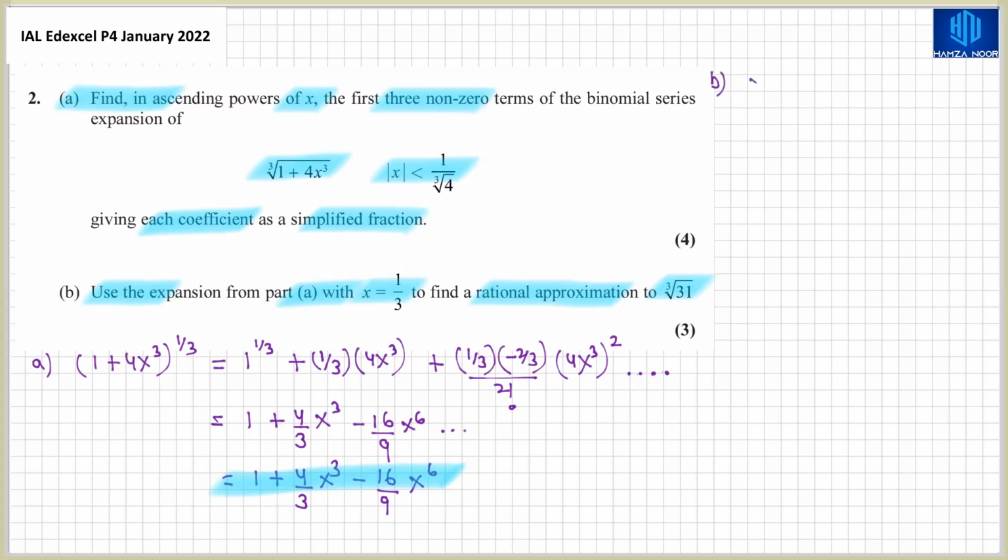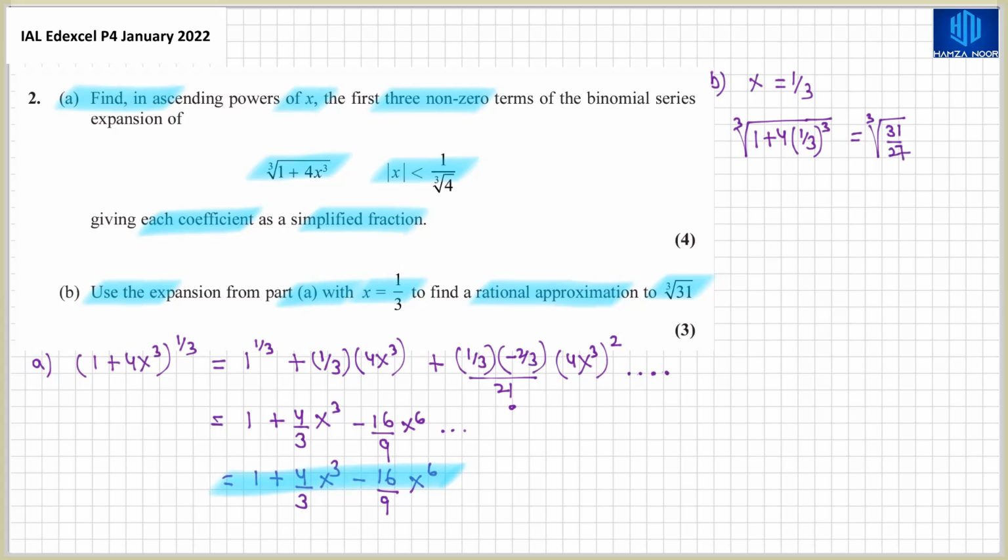So here we need to substitute x equals 1 over 3 into the cube root of (1 plus 4x cubed). In place of x, I'm going to write 1 over 3. First of all, let's see what exact fraction we get over here. So we get the cube root of 31 over 27.